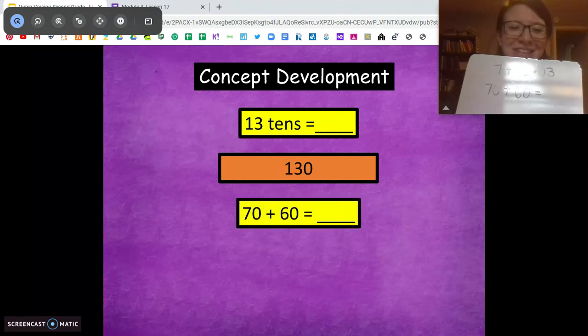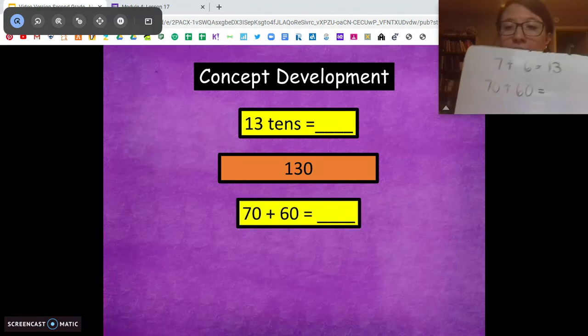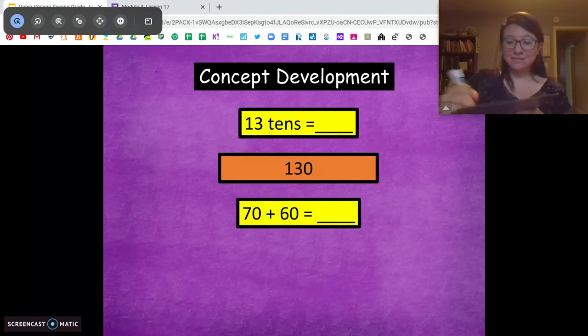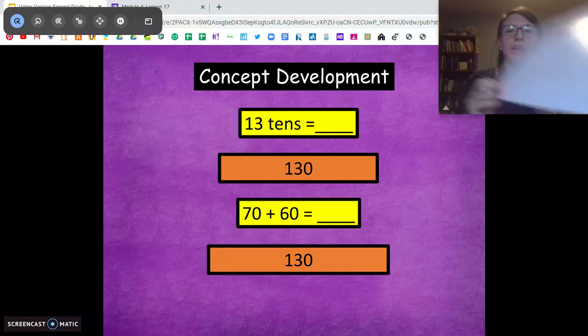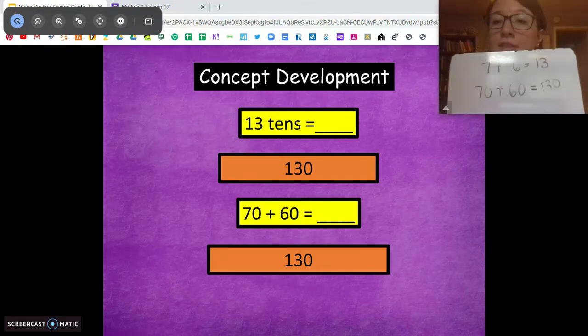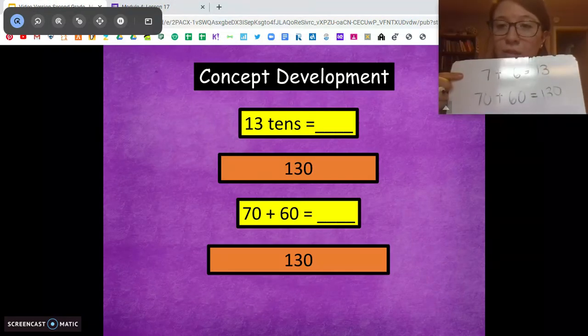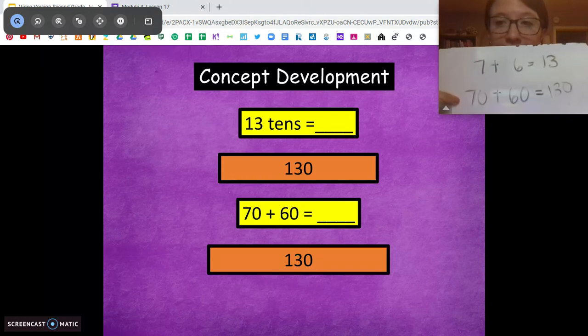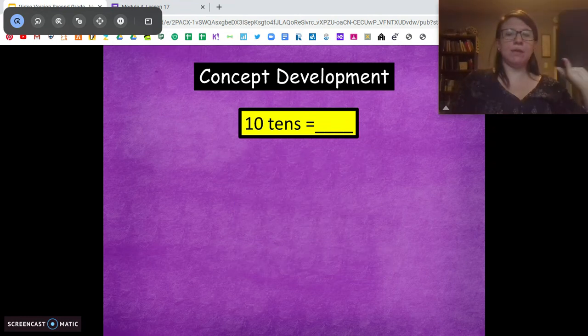Very good, 130. So 70 plus 60 equals 130. Awesome. I want you to pause again, talk to someone at home about how this using ones and this using tens are related. So pause, talk about that now. Awesome job.